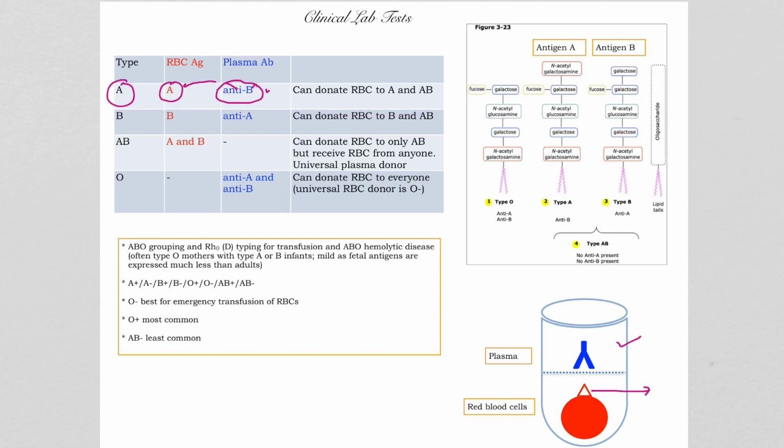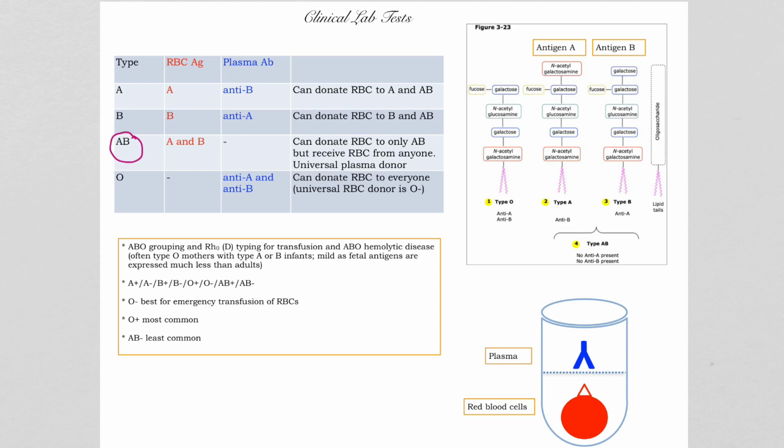So that's why they have anti-B. A person with type B will have B antigen on their red blood cells and antibody against A. So you can see it's logical.